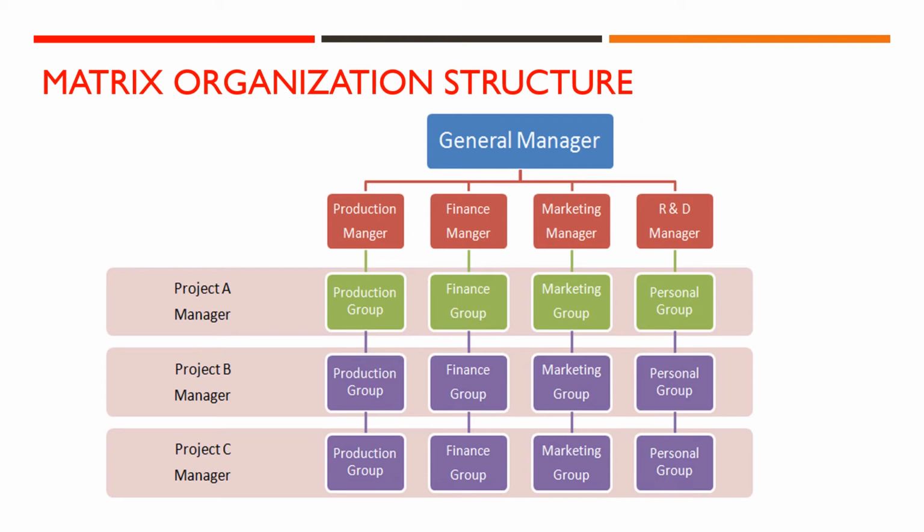The organization has 4 main operating or functional departments, and each project team employs members of the functional groups when required. In this structure, the authority of a functional manager flows vertically downwards, and the authority of the project manager flows sideways. Since these authorities flow downward and sideways, this structure is called the matrix organization structure.